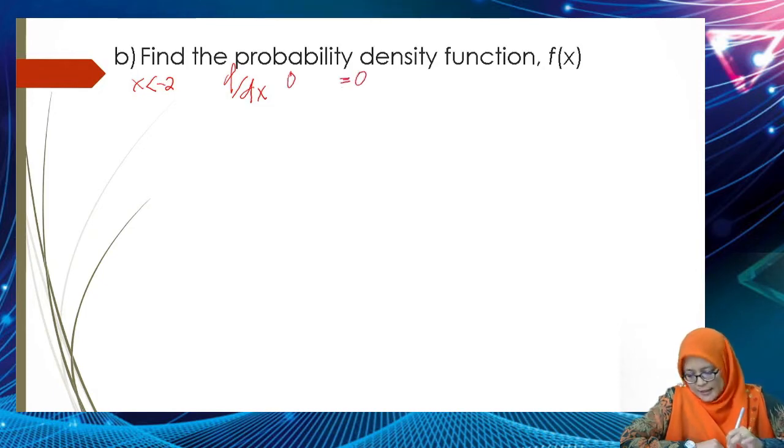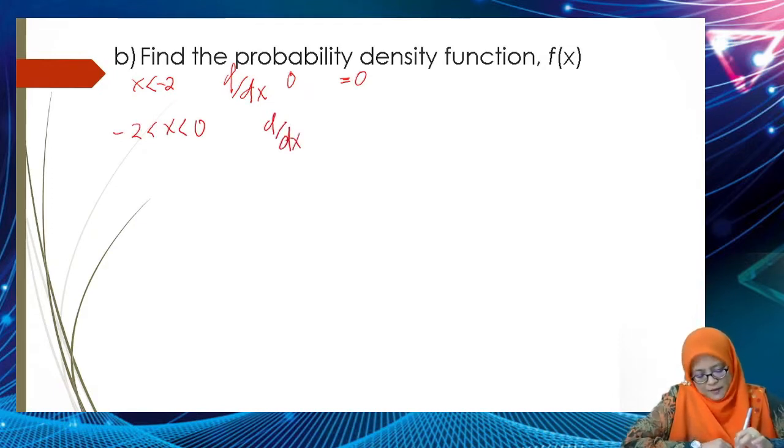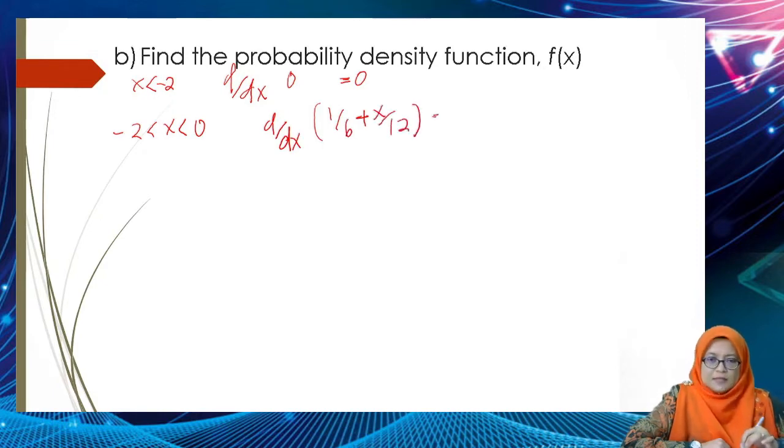Okay, so for second interval negative 2 until 0. So kita akan differentiate function tadi. Bila kita dah ganti a dengan b dia tu tadi, so yang akan dapat 1 over 6 plus x over 12. So 1 over 6 kita differentiate dapat 0. So differentiate x over 12, kita akan dapat 1 over 12.